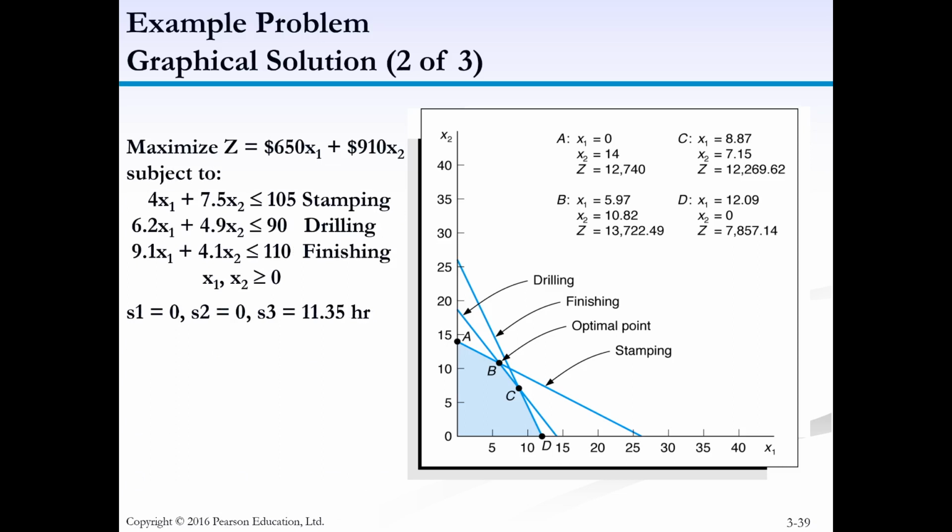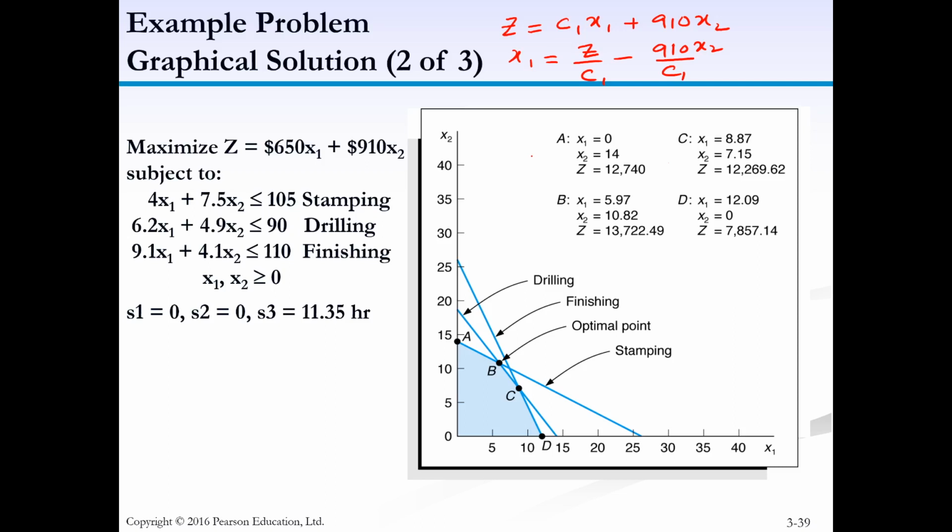Now let's see, we want to find out the range of C1, the profit coefficient of the first decision variable, how much it can vary without changing the optimal point, and that optimal point is point B. To solve this, we make z equal to C1 x1 plus 910 x2, and from here we get x1 equals z over C1 minus 910 x2 over C1.